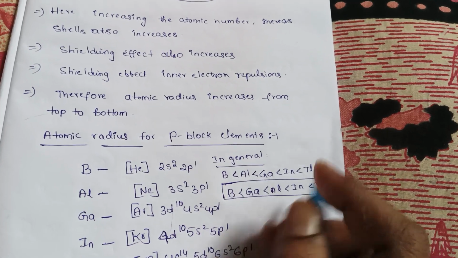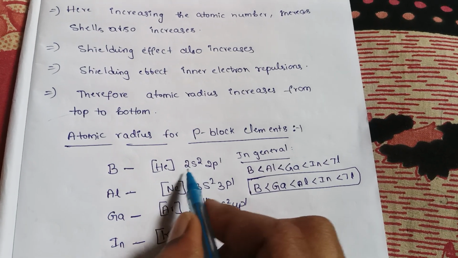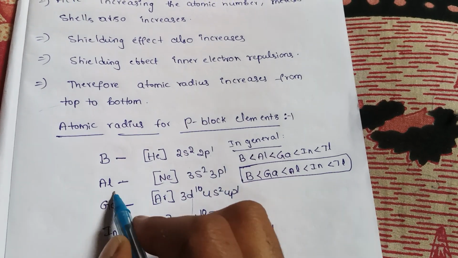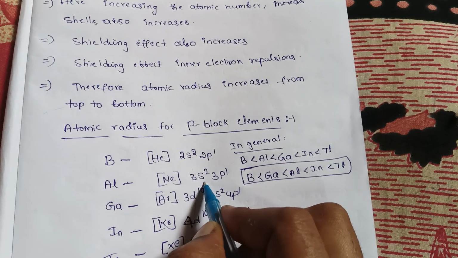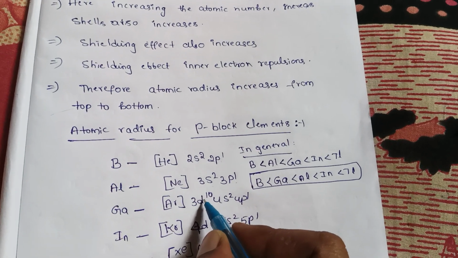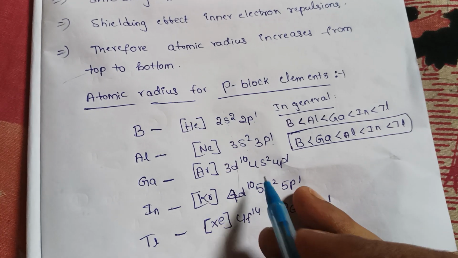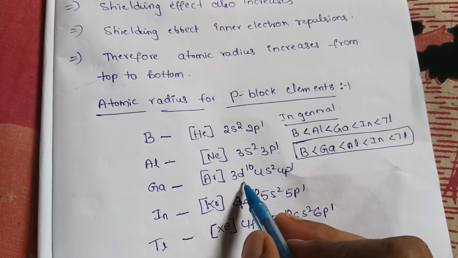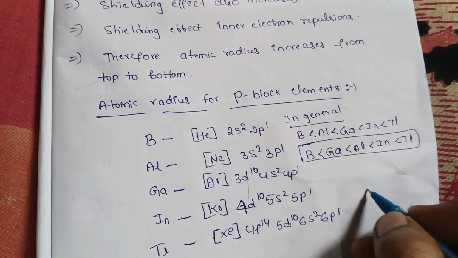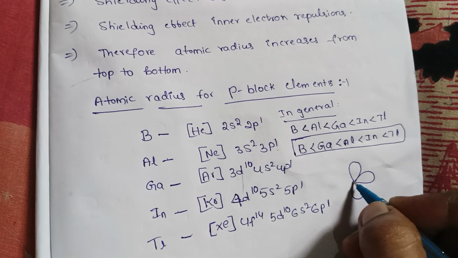Why? Because if you observe, boron has s and p orbitals, aluminium also has s and p orbitals. Coming to gallium, d electrons are present. Here the d electrons are completely filled, which means the lobes are diffused.